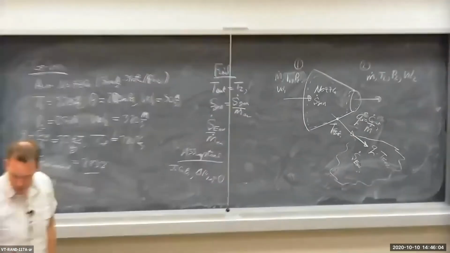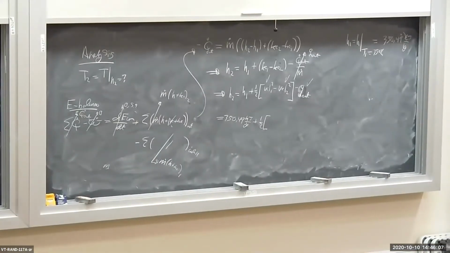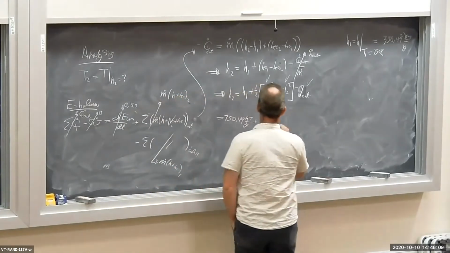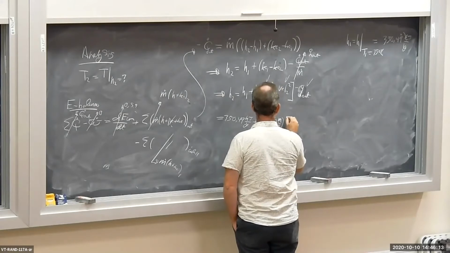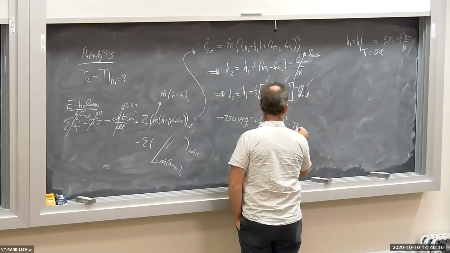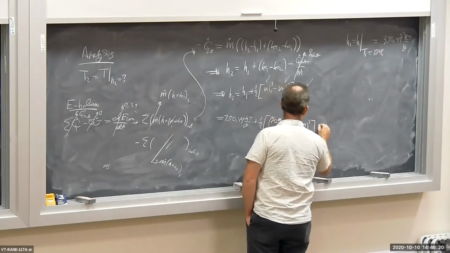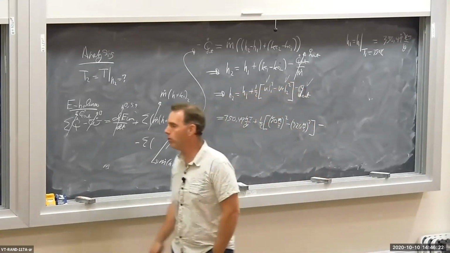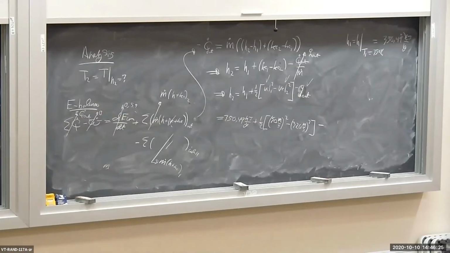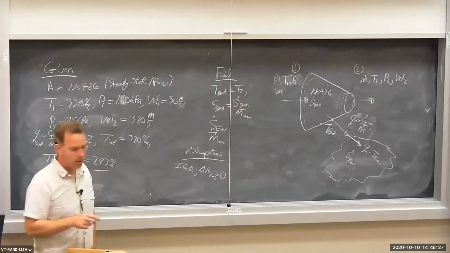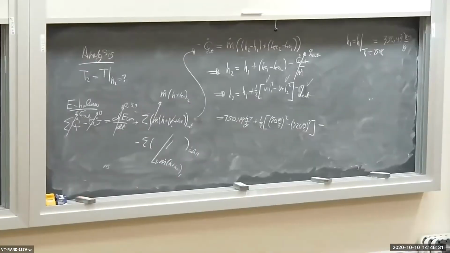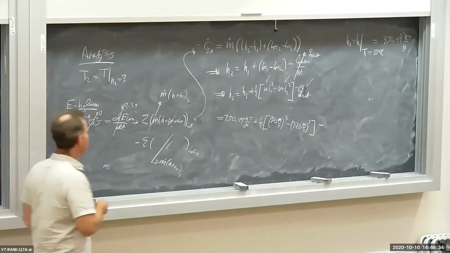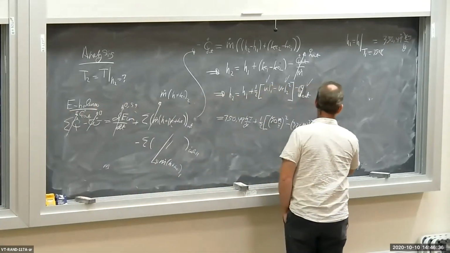So 50 and 320. So we have 50 meters per second squared minus 320 meters per second squared. And then I have minus q dot out, which is q dot out per m dot. Sorry about that. Lowercase q out, which is 3.2 kilojoules per kilogram.